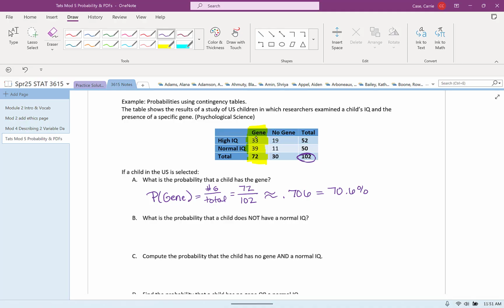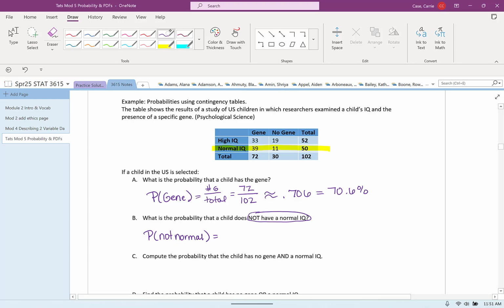Next example, and I'm going to erase my marks on the contingency table. What is the probability that a child does not have a normal IQ? So, probability of not normal removes everybody who is normal.